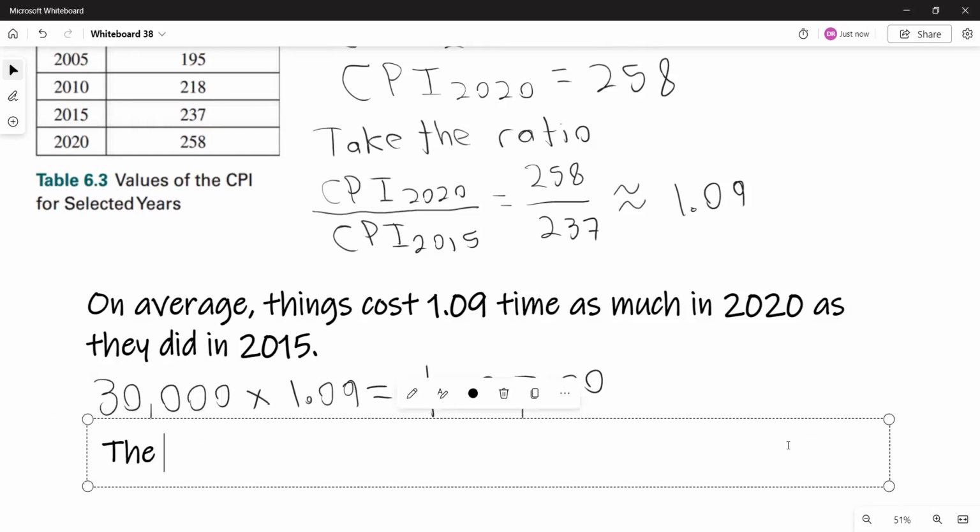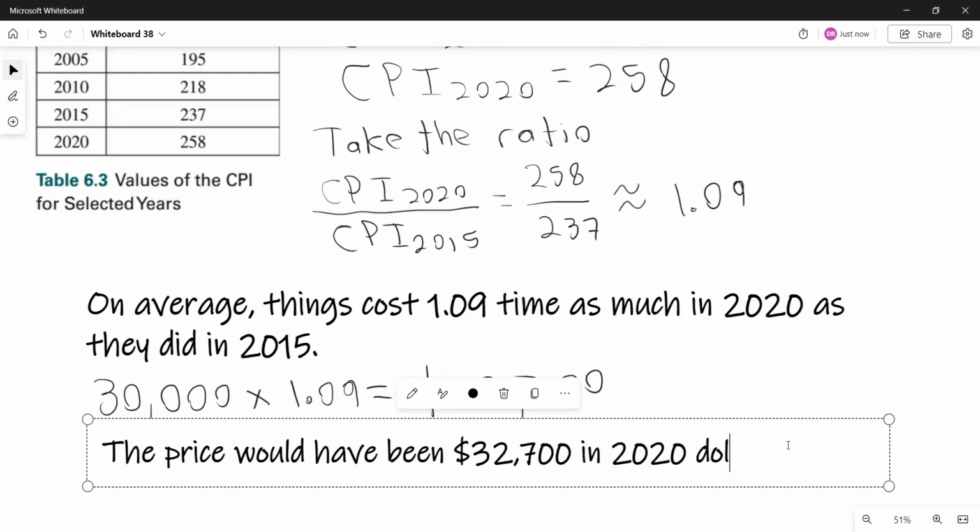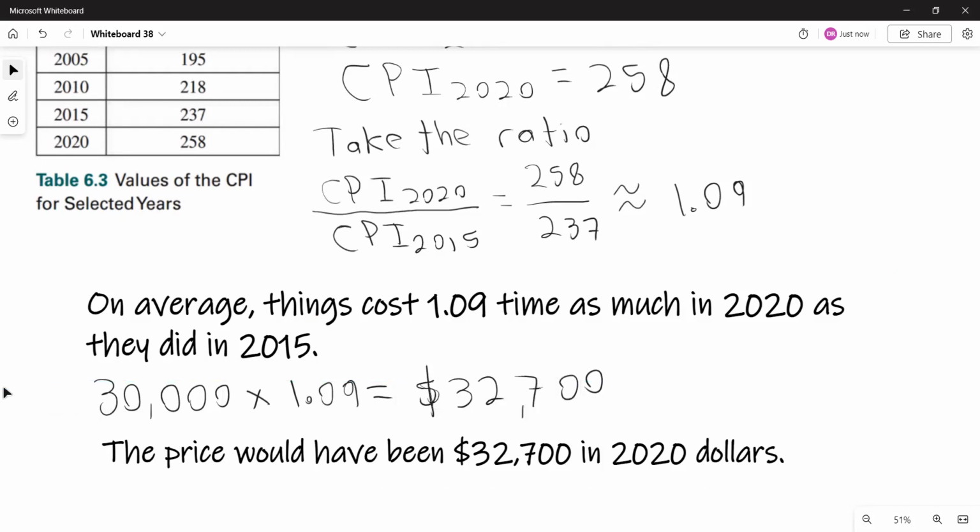The price would have been $32,700 in 2020 dollars. So that's one application, and we're going to talk about the CPI in chapter 8. We're going to continue with that.